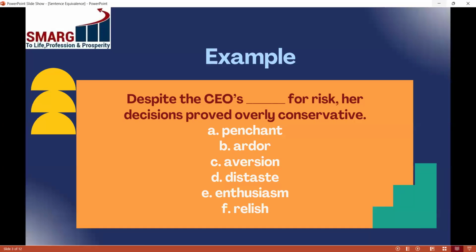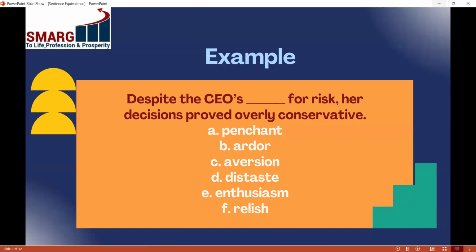Of course, both the words, relish and enthusiasm, are trying to talk about something that a person would like to do or would be keen to go for, right? But enthusiasm deals with being excited for something. Relish, on the other hand, means that you savor it.